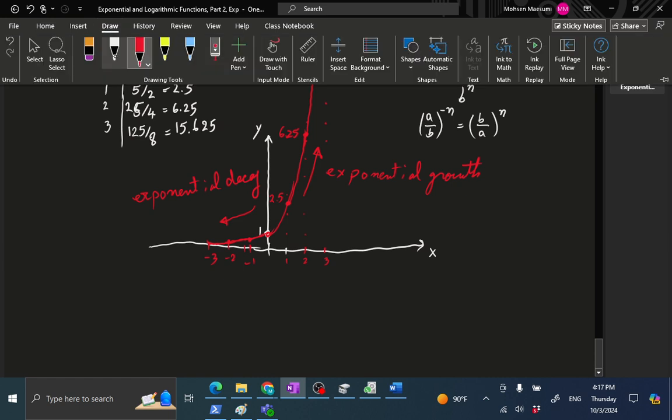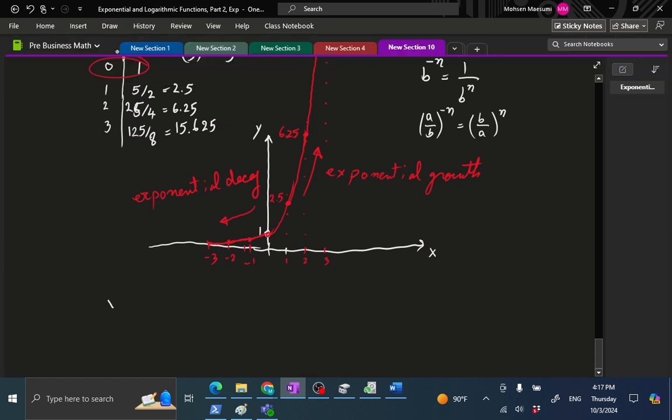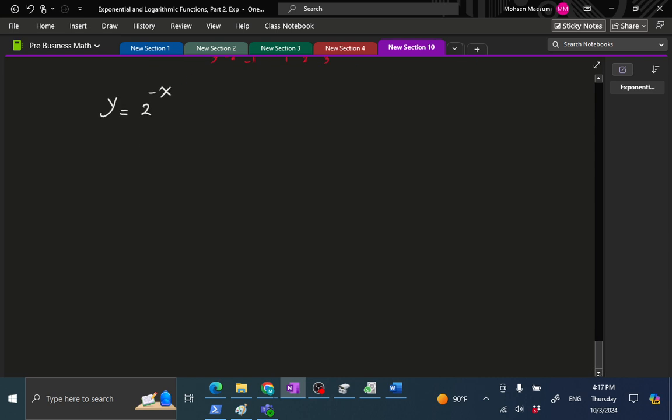Sometimes you see it with a negative exponent. Let's do a simple example, 2 to the power of negative x. What does that look like? I'll be fast here. So you have x and y, so 0, 1, 2, 3, and -1, -2, -3.